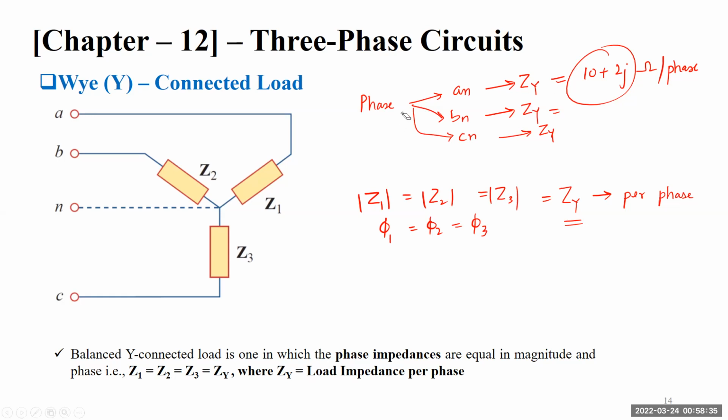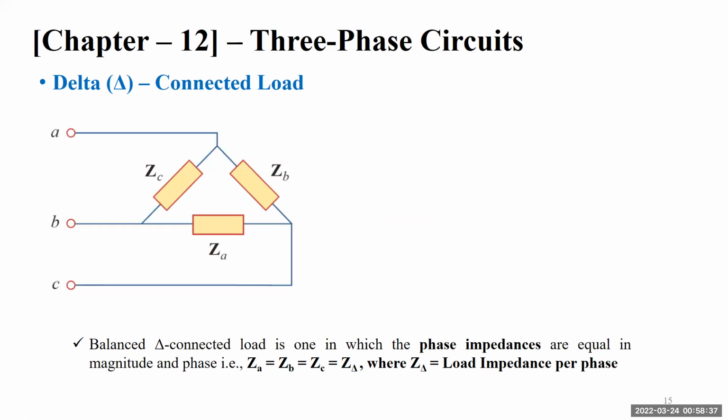Similarly, the loads can be connected in delta, and a balanced delta load is again the same: ZA equals ZB equals ZC, and similarly phase A equals phase B equals phase C. Remember, the phase impedances are equal in magnitude and phase.